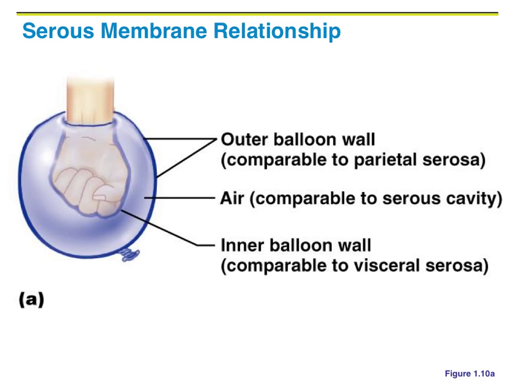So the outer portion of the balloon is comparable to the parietal serosa, and the lining around your fist is comparable to the visceral serosa, and the air between the two layers is comparable to the serous fluid.